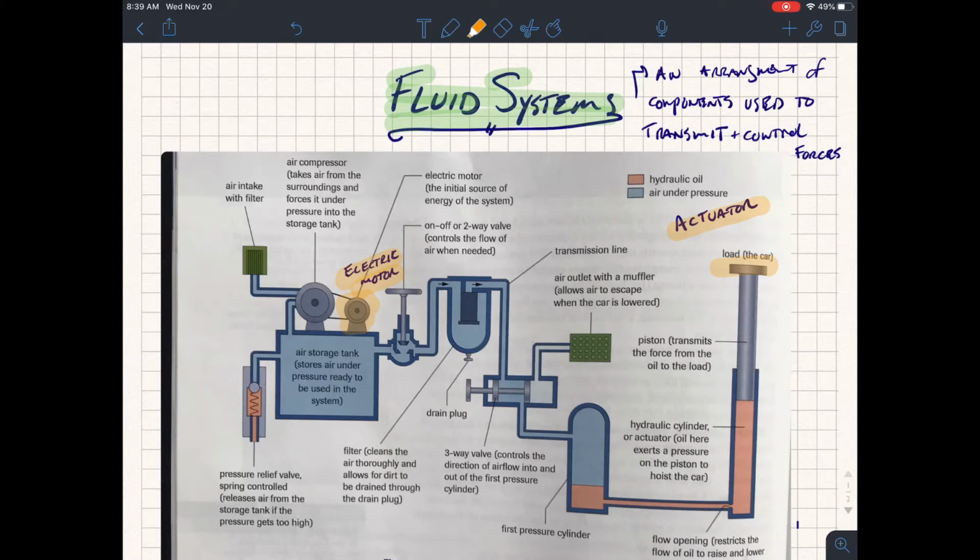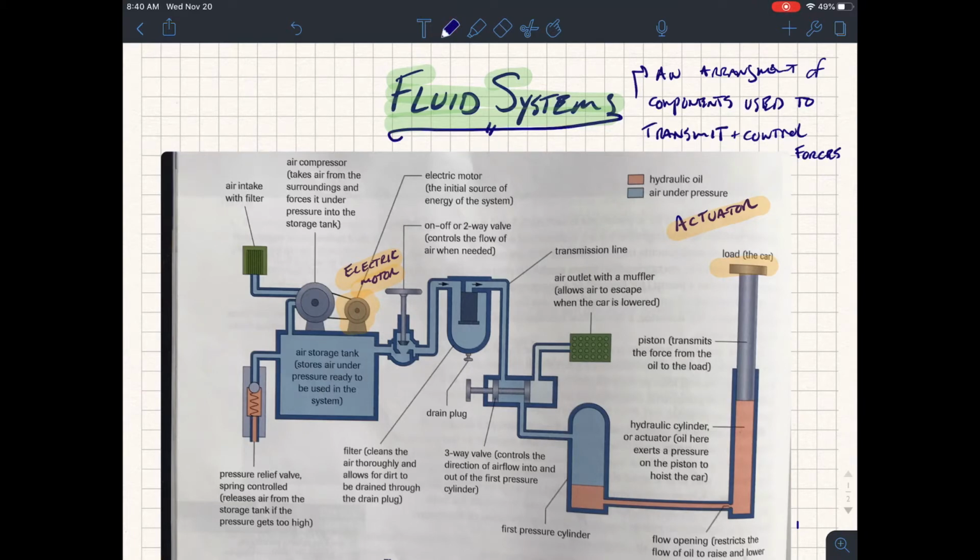All the generalized components that we'll learn about link together and form something like an electric circuit, except this is a pneumatic and hydraulic circuit, where both air, pneumatics, and liquids, hydraulics, work together to give us some mechanical advantage. If we were just to use a motor to lift the car up, we'd need a pretty hefty motor, so we're interested in using as little input energy as possible to do a lot of work. We want a high efficiency here.